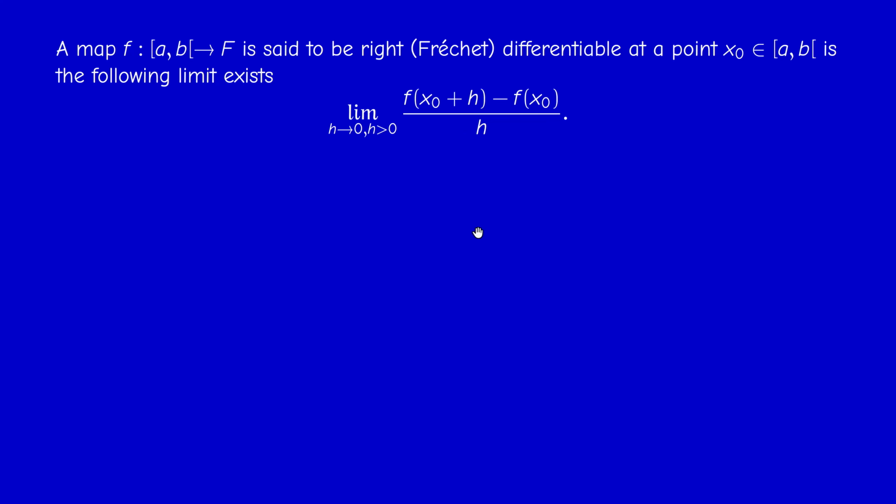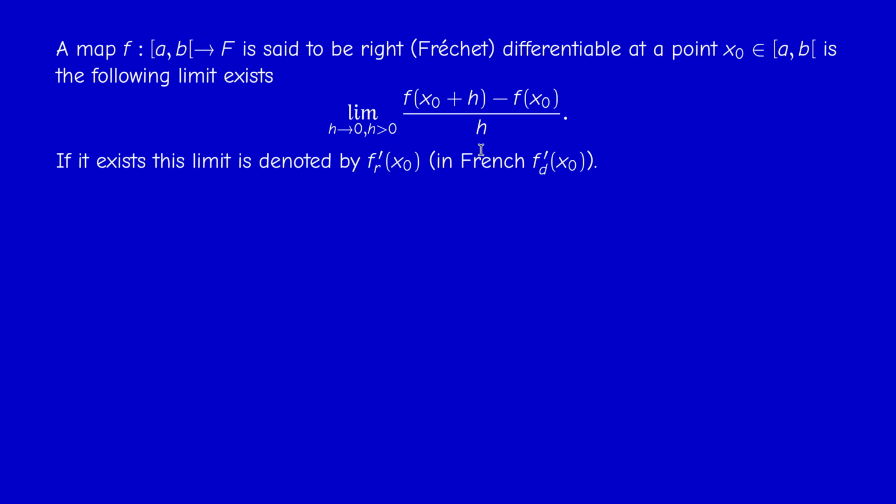As you probably know, a function from an interval [a,b] into F is said to be right Fréchet differentiable at the point x0 if this one-sided limit exists. Here h is positive, so we approach x0 from the right, from above, if you like. This is the right differentiability. Everything is real here, h is real.